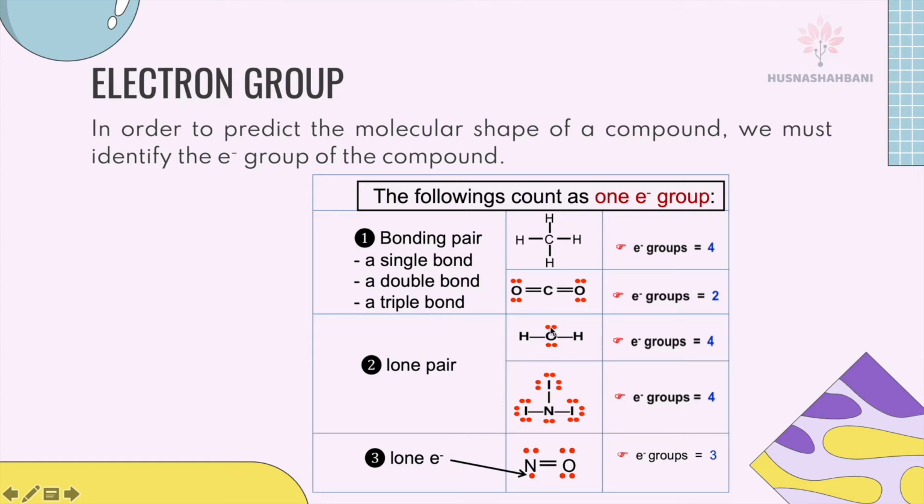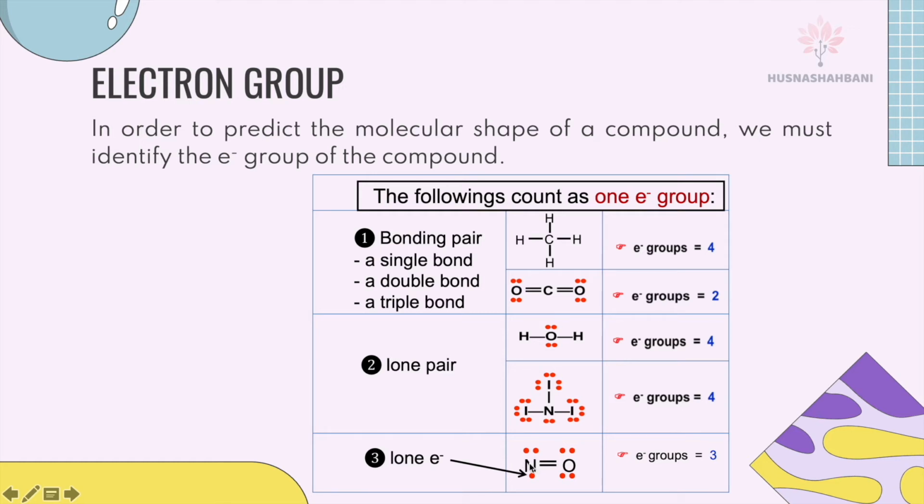When you have 2 lone pairs, you have 2 electron groups, and each single bond is 1 electron group, so that's why you have a total of 4 electron groups. For this one, N is single bonded to 3 I, so 3 electron groups and 1 lone pair, 4 electron groups in total.